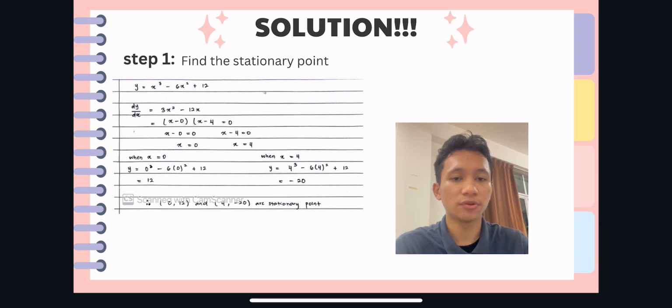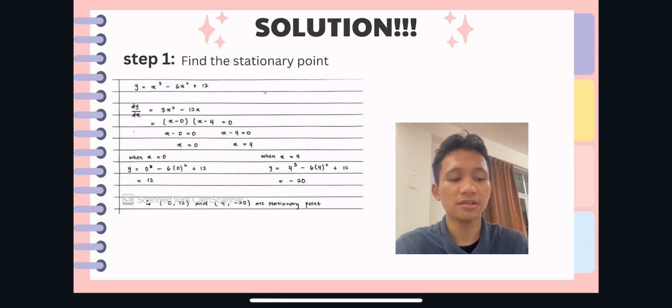After that, we have to factor the equation. The answer will be x equals 0 and x equals 4. After that, we put both x values into the equation: y equals 0 cubed minus 6 times 0 squared plus 12. The answer will be 12.